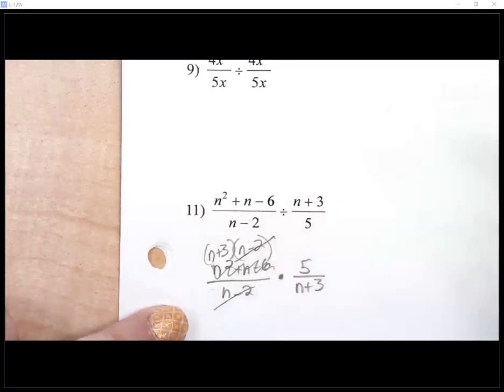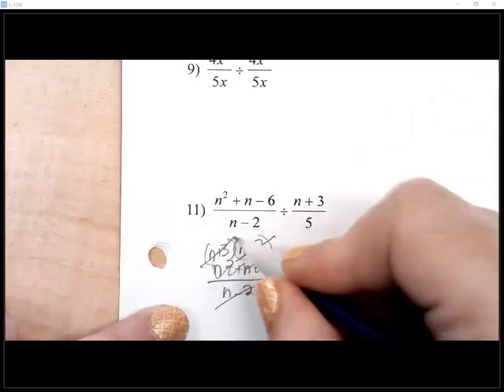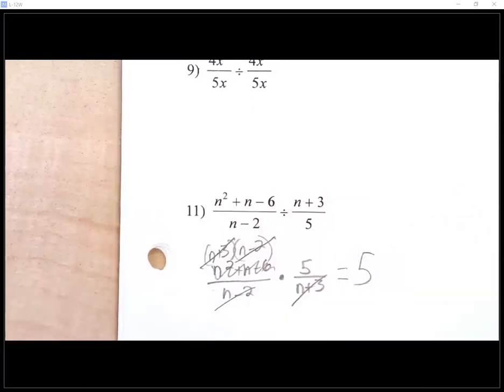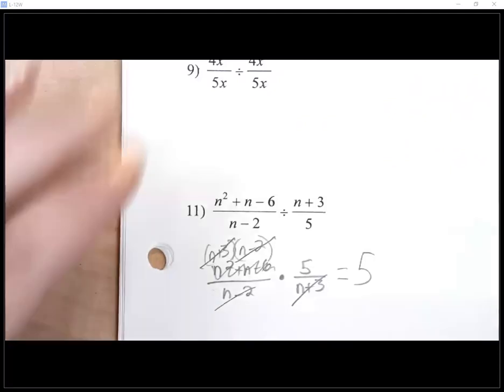Anything else? The n+3s cancel also. That's it. What am I left with? 5. If that 5 had been in the denominator, what would my answer have been? 1/5, not 5, right? It's 5 this time because 5 is in the numerator. All right? Easy peasy. Flip it over.